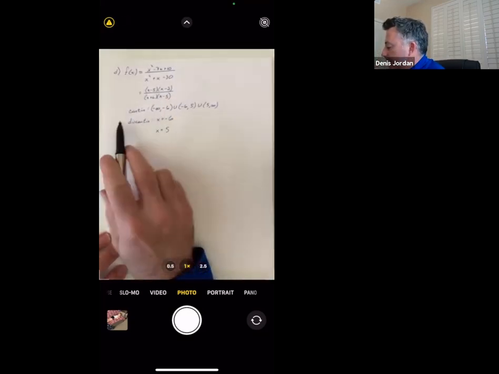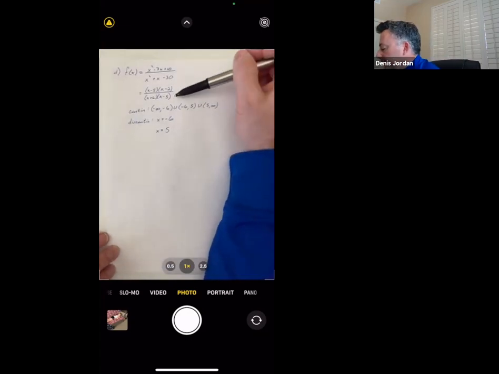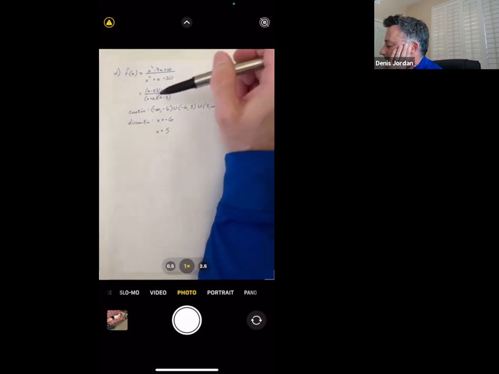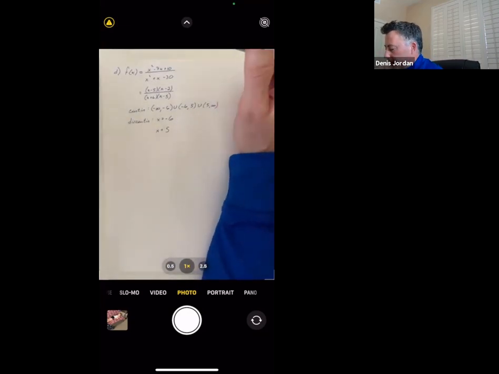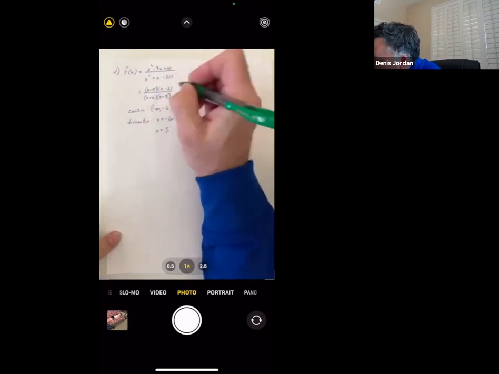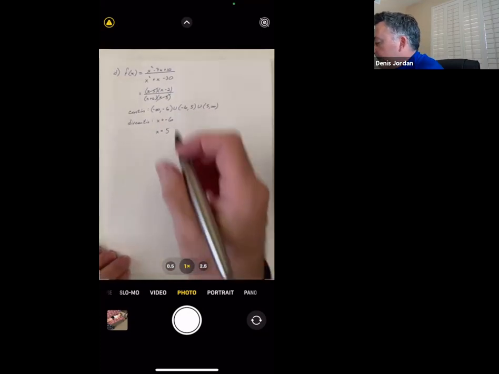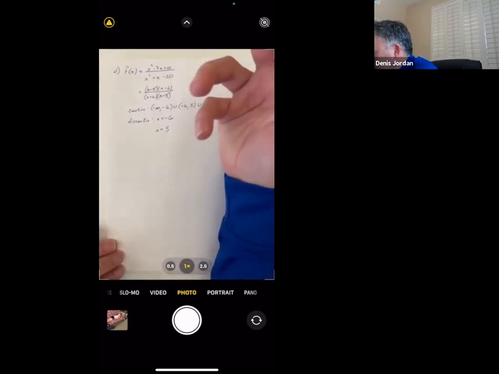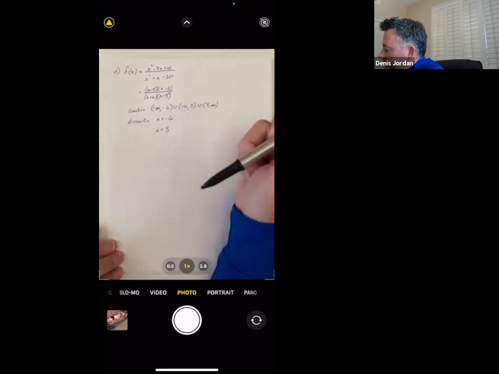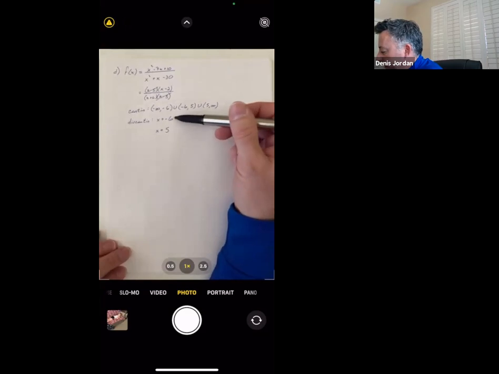Once you get all that listed out, then go back to your original function, or where it's factored, and then you can start to cancel anything if you can cancel. So with this one, you can cancel out your x minus 5s. And before I write the new one, which one of these two discontinuities did you just remove? The -6 or the 5?